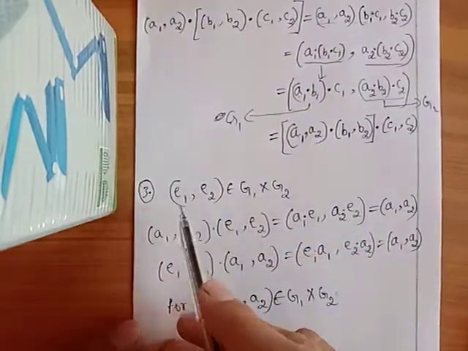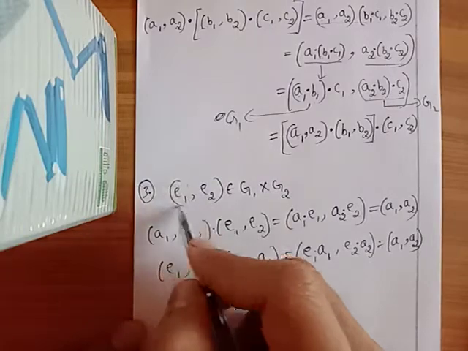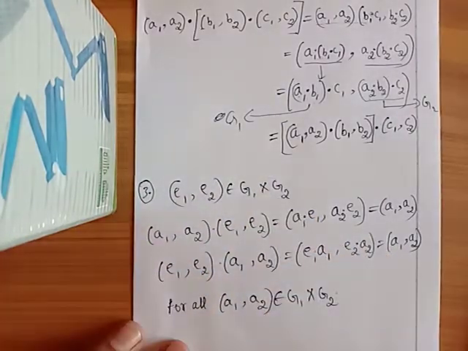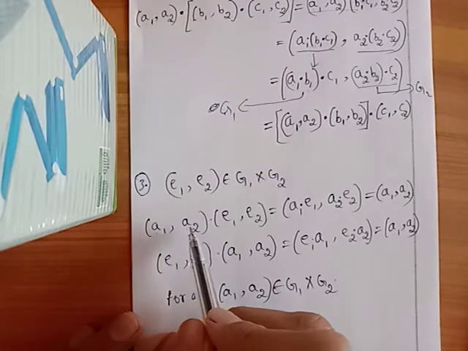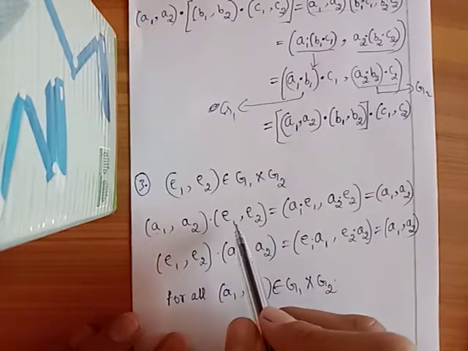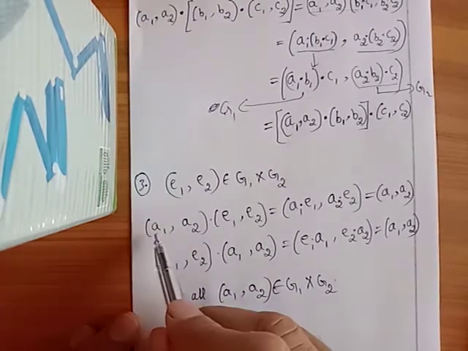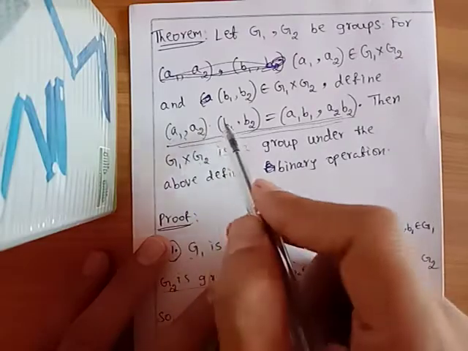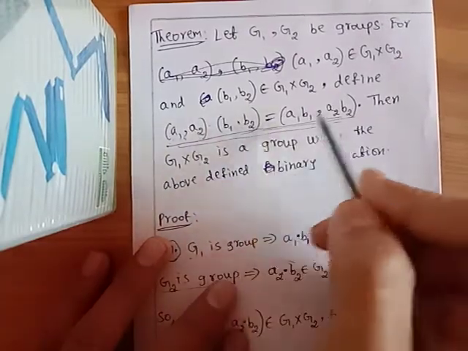Similarly, the identity. E1 is the identity element of G1 and E2 is the identity element of G2. Consider (A1, A2) into (E1, E2). We apply the binary operation defined on direct products, (A1 into B1, A2 into B2).